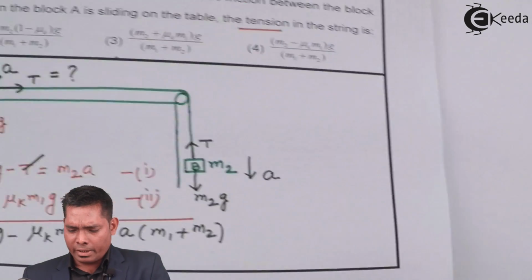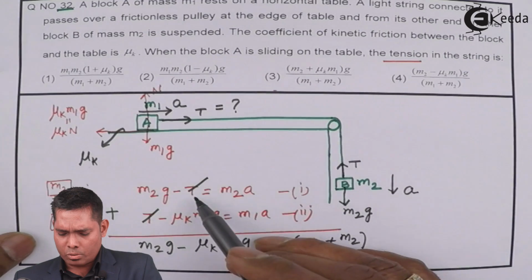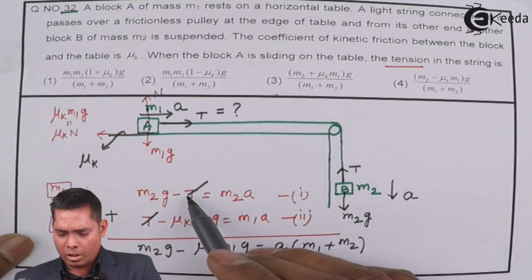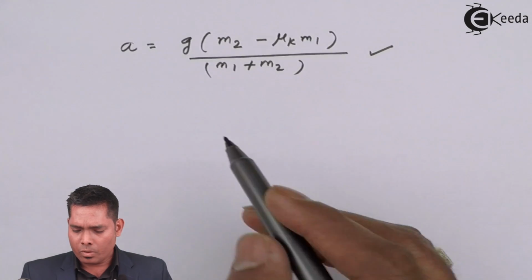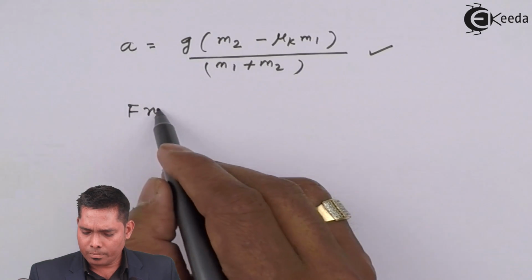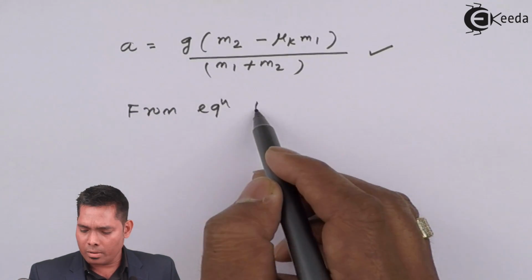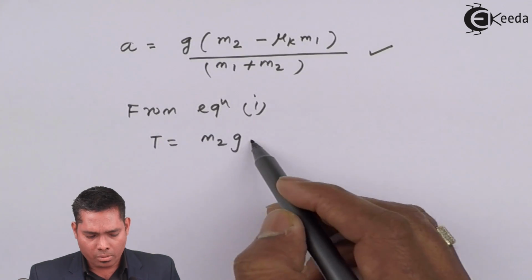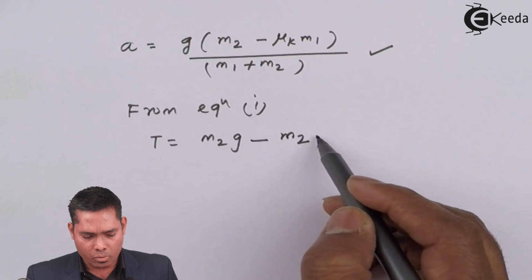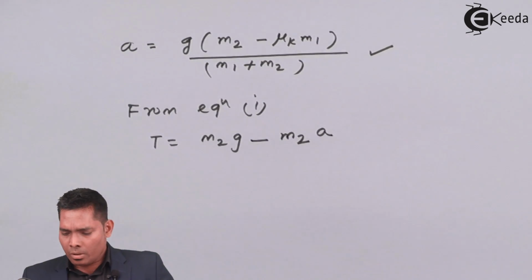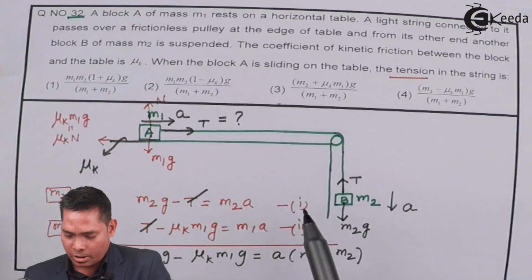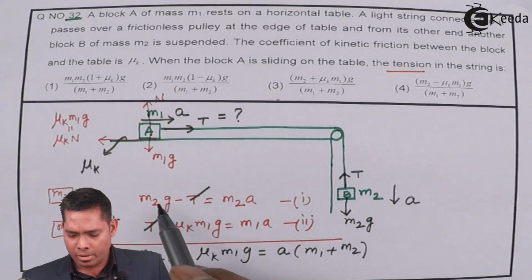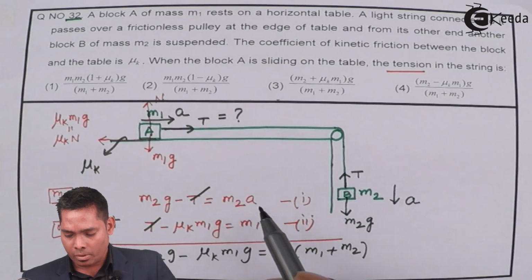Now we can take any one of the two equations to get the value of T. Now if I take equation 1, then this T becomes this minus this. So from equation 1 we can write T is m2g minus m2a. You can see here T goes to that side, this goes to that side, so m2g minus m2a.